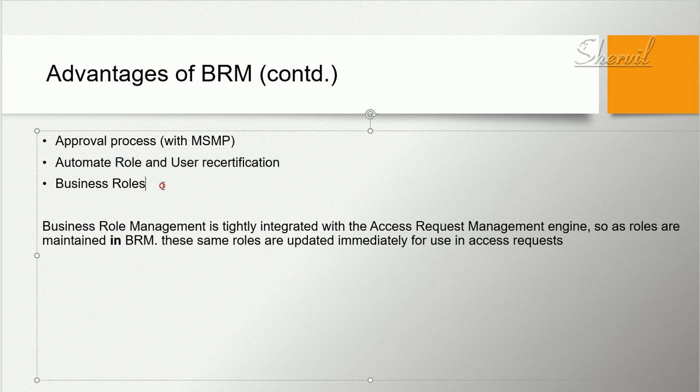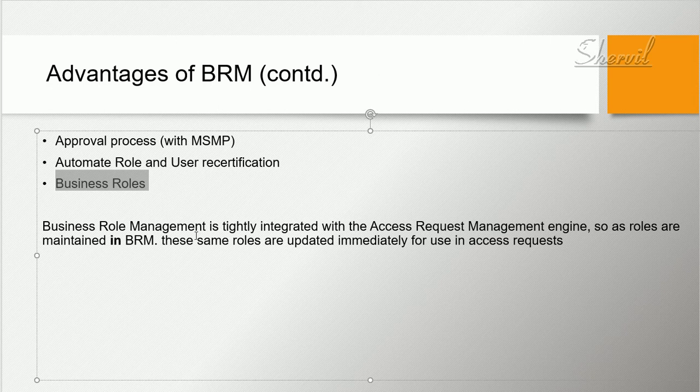And business roles are a fantastic concept that BRM has, where you can create a business role, which in technical terms you can consider to be a composite role. But in this case, it's a composite type of role that could include single roles, any type of role, from any landscape, any backend system or plugin system.